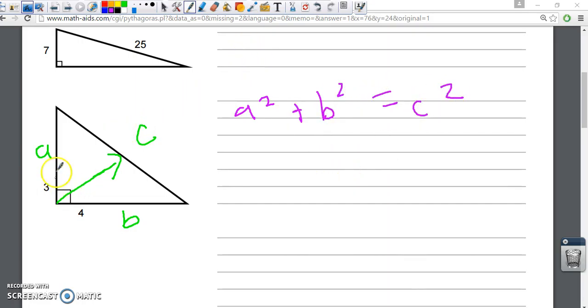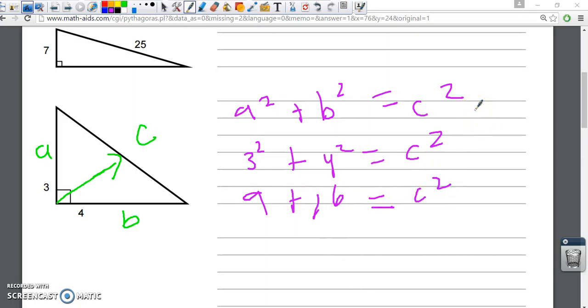All right, so let's plug in what we have. A is represented by 3, so that's 3 squared plus 4 squared equals C squared. We now do the math, okay? 3 times 3, not 3 times 2, 3 times 3 is 9, plus 4 times 4, not 4 times 8, 4 times 4 is 16 equals C squared.